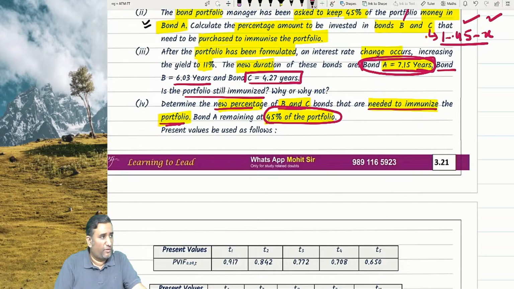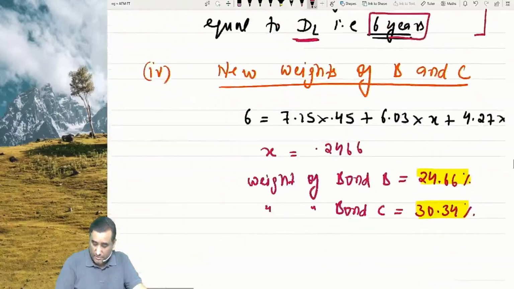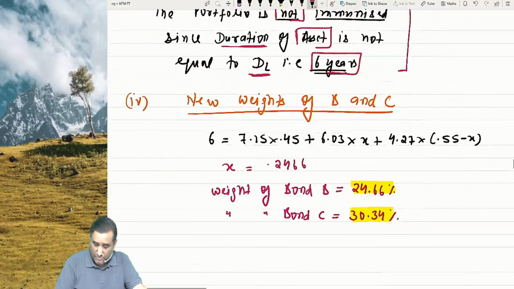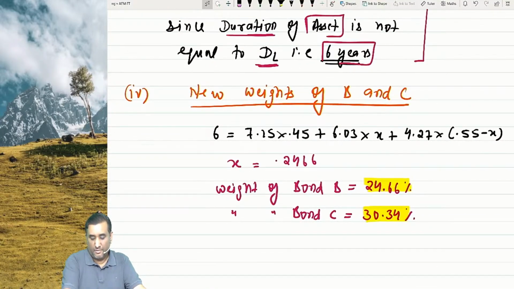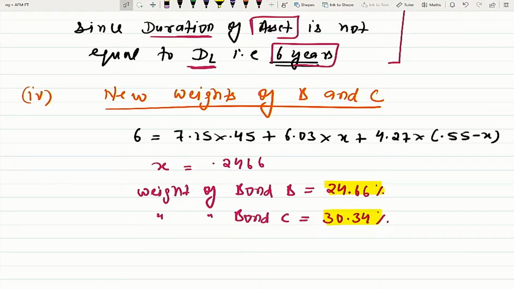So basically, again you have to find the new weights. It's a continuation of the C part: the duration of C, and the weights accordingly you calculate.